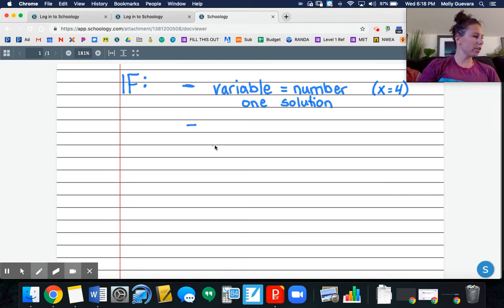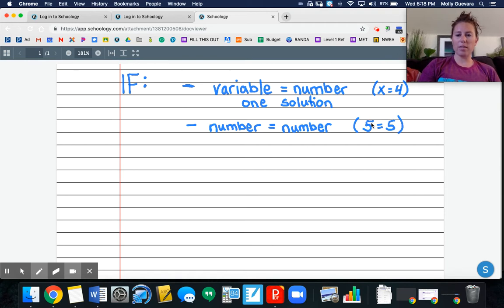If you solve, and you get a number equals a number, and it's true, right? So let's say I get 5 equals 5, right? So I notice I don't have a variable. My variable's gone.